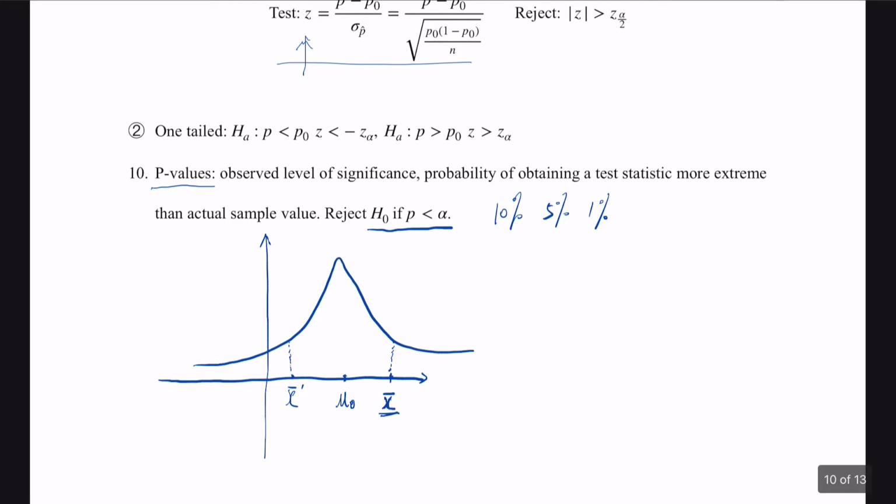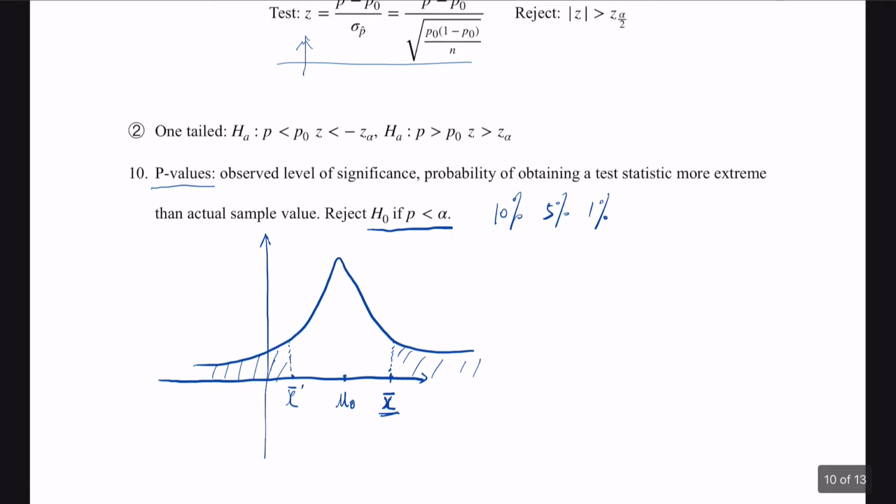Then what is the p-value? The p-value is just the area of this. It's just the size of this area. Why is p-value that? And why can we reject the null hypothesis if p-value is smaller than alpha?